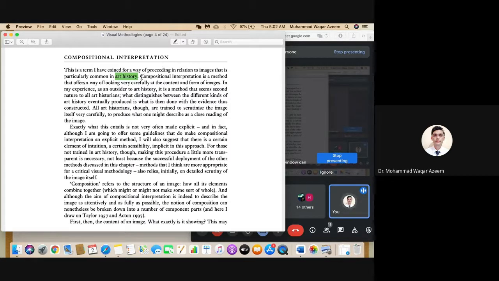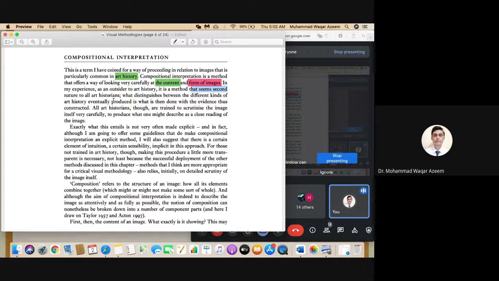So compositional interpretation is a method that offers a way of looking very carefully at the content and form of images, right? And these two are different things, content and form, right? In my experience as an outsider to art history, it is a method that seems second nature to all art historians.